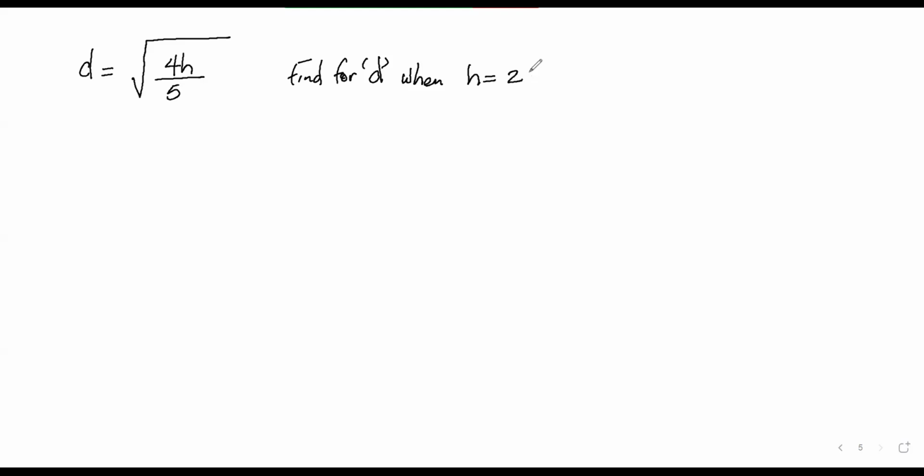So the question was, when D is equal to the square root of 4h divided by 5, find the value of D when H is equal to 29.